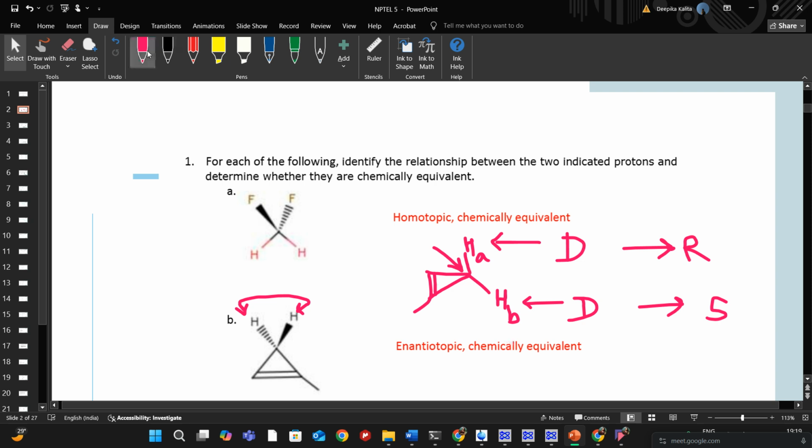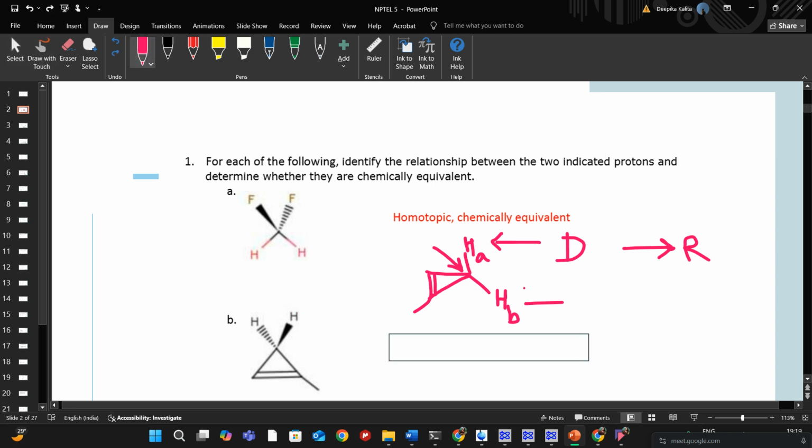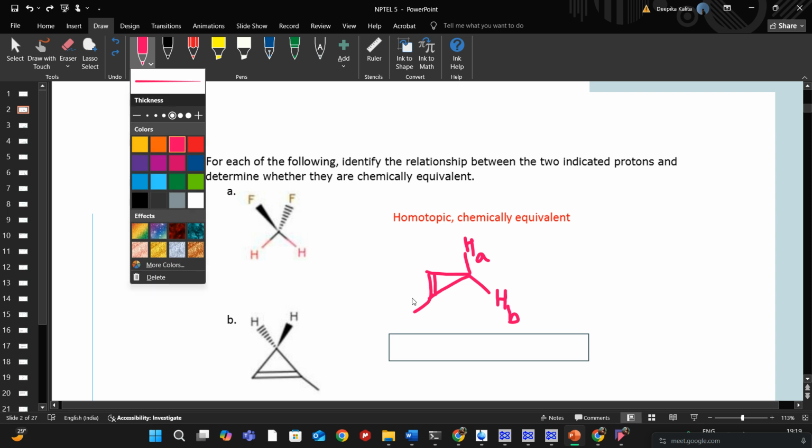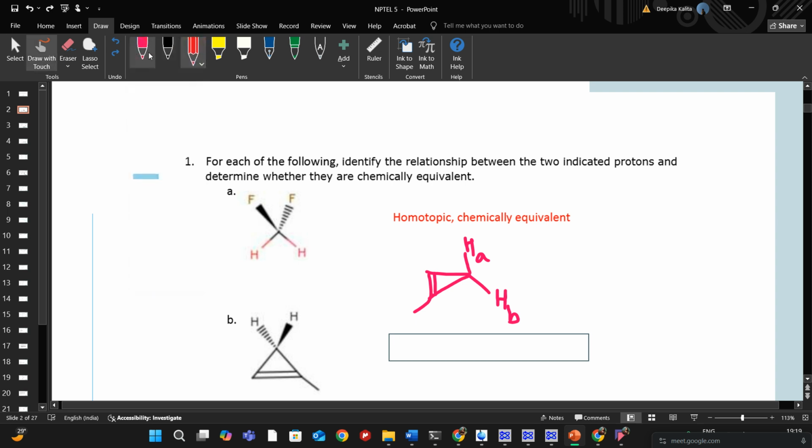If this replacement process seems hectic to you, you can do one thing: you can figure out that in this molecule there will be a plane of symmetry which will be passing through the plane of the cyclopropene ring.